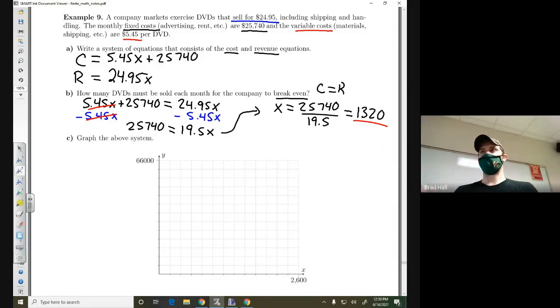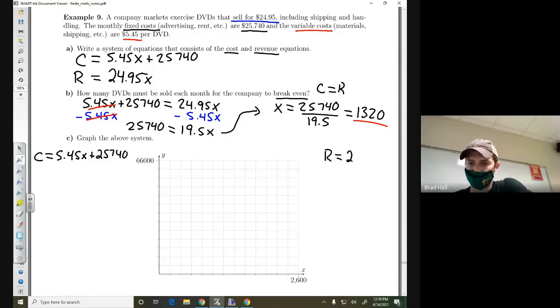The reason why is that this is a word problem that deals with number of DVDs and money. So we're not really looking at negative quantities in this word problem. So really all we have to do is just graph the lines roughly and then choose the corresponding system of lines ultimately.